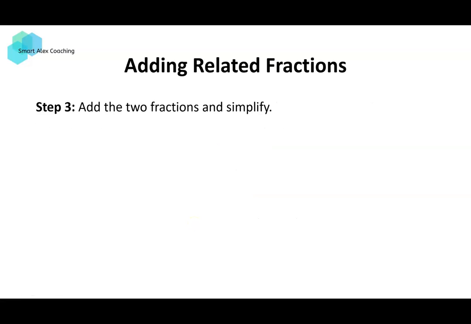We then add the two fractions and simplify. A quarter plus 5/12 simply becomes 3/12 plus 5/12. Since the denominators are the same, we simply add the numerators, 3 plus 5 together, giving us an answer 8/12, which can be simplified to 2/3.